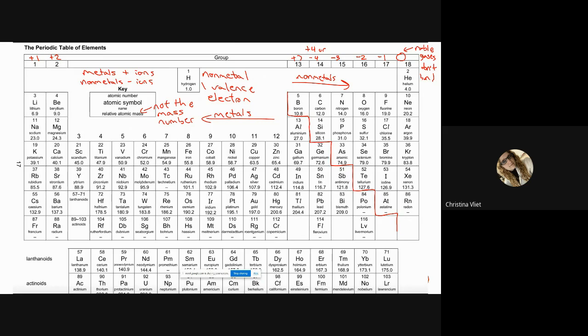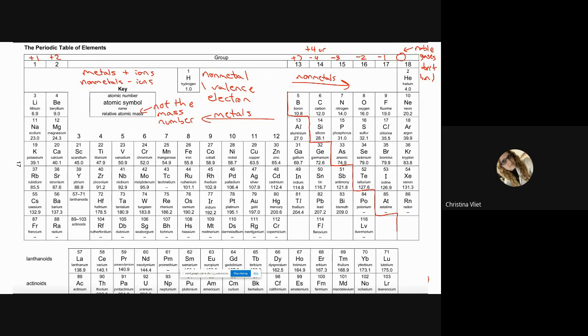Why not? Anybody remember? Isn't it the mass of the most stable isotope of the element? What's the mass of all of the naturally occurring isotopes? It's the average of the mass of all the isotopes on the planet for an element that are naturally occurring. It's that average mass.